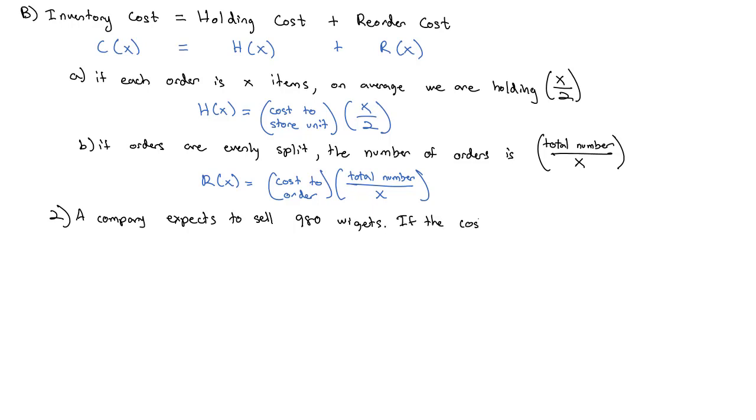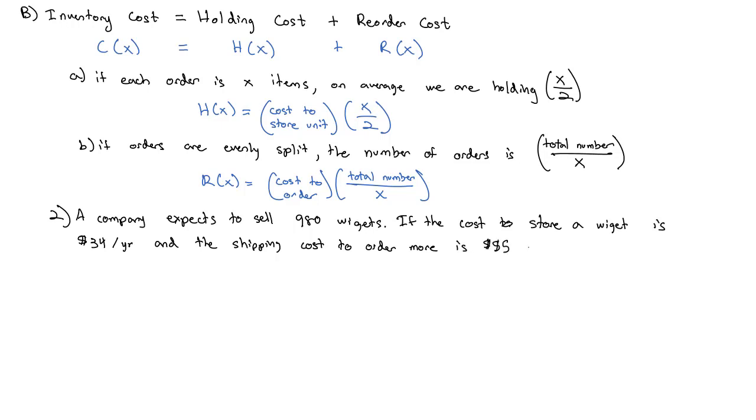If the cost to store a widget is $34 per year, and the shipping cost to order more is $85 per order. How many orders would minimize cost?